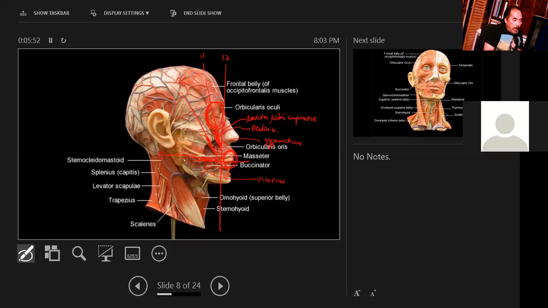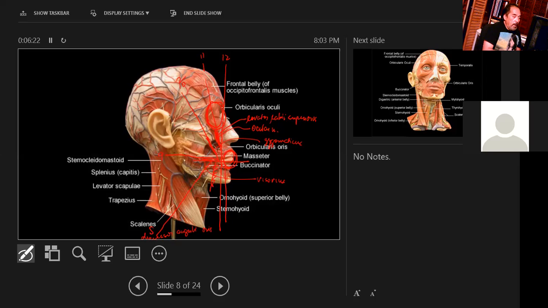Then at the angle, this is not a good model, the angle here is the depressor anguli oris. Then there's another one here. Oh, we're already at the inner side. And then we have another one here.